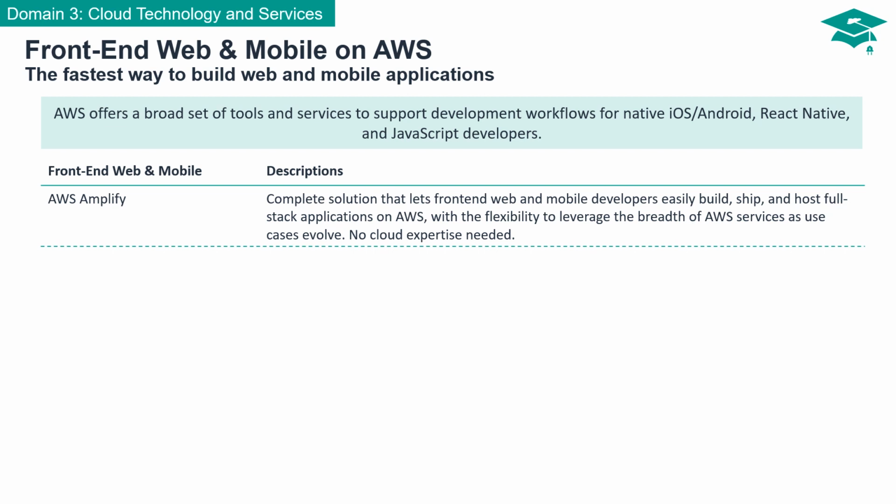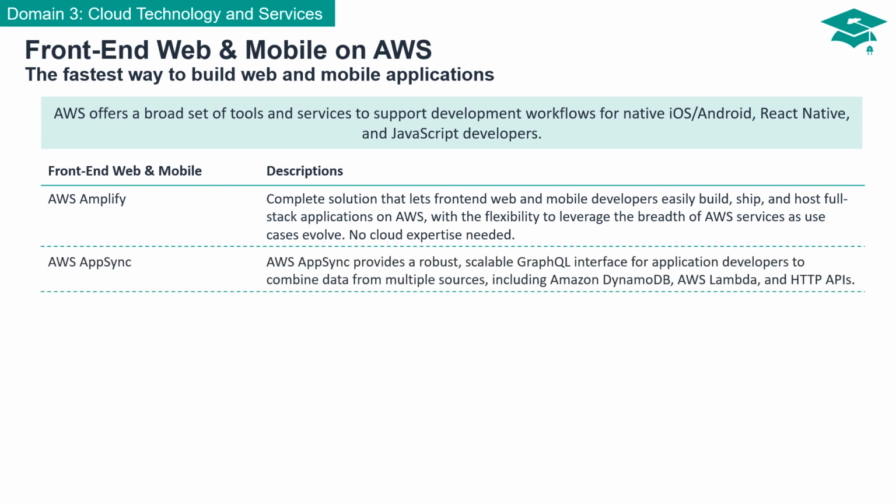With Amplify, you can build, ship, and host full-stack applications on AWS effortlessly. The best part? No need to be a cloud expert, Amplify takes care of that for you. AWS AppSync provides a robust, scalable GraphQL interface for application developers to combine data from multiple sources, including Amazon DynamoDB, AWS Lambda, and HTTP APIs.